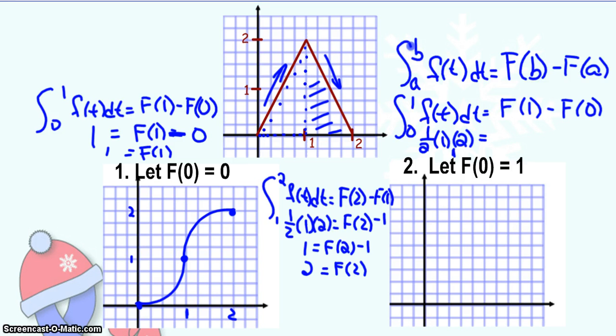So now coming over here, all that changes is now F of 0 is 1. So now F of 1 is 2. So when I plot this on this graph now, I'll go by 2s.